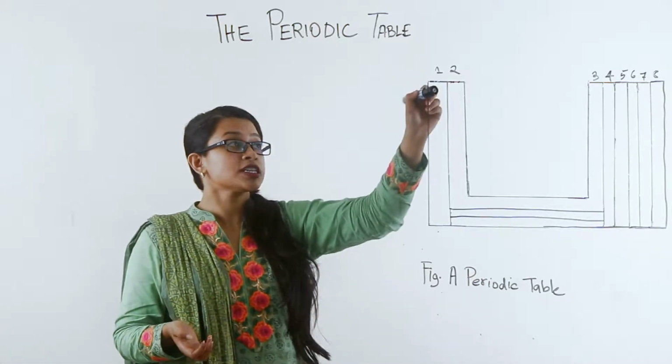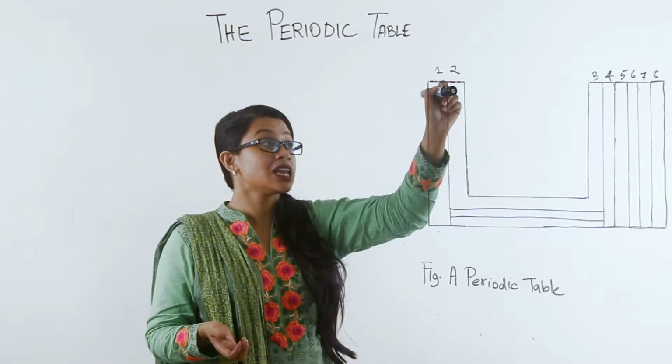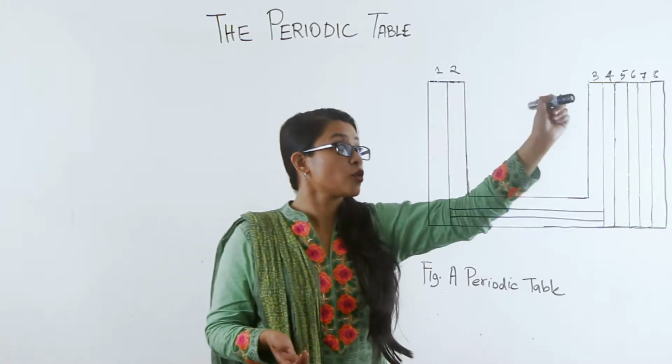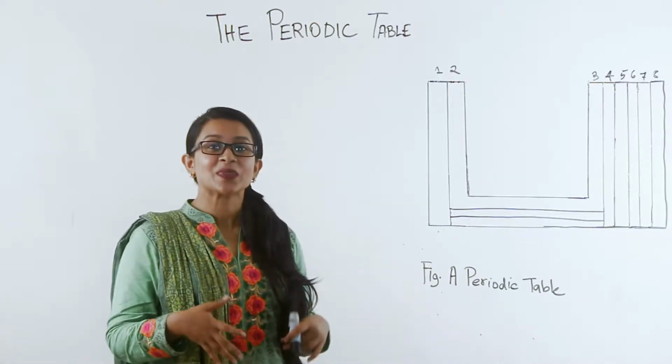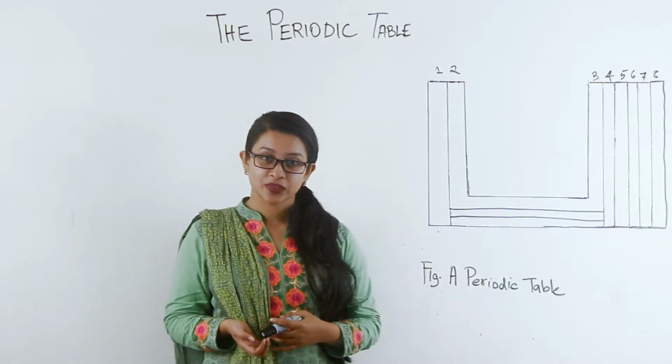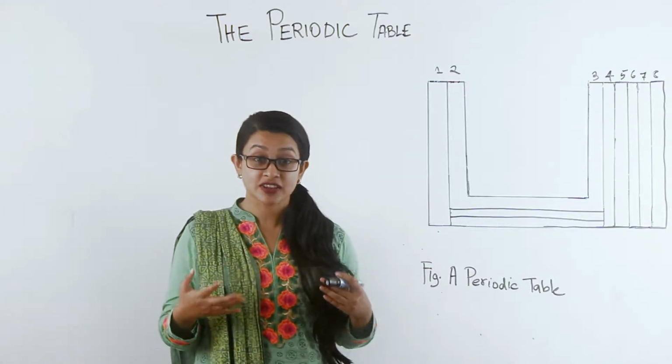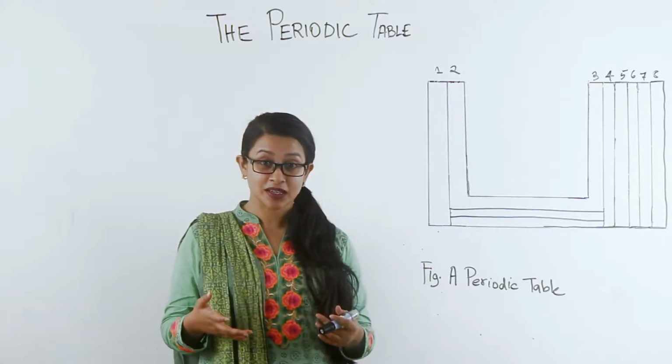If the first element is here, the second element would be here, then third, fourth, fifth, sixth, and so on. So, in a periodic table, the elements are first arranged according to their atomic number.